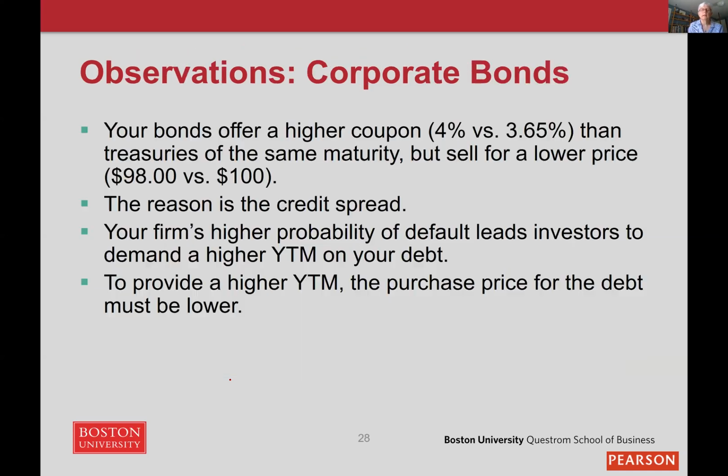So what's happening here is that you are getting a higher yield than the treasuries because there's what we call a credit spread there. There's an incremental yield that compensates investors for taking a different level of risk.